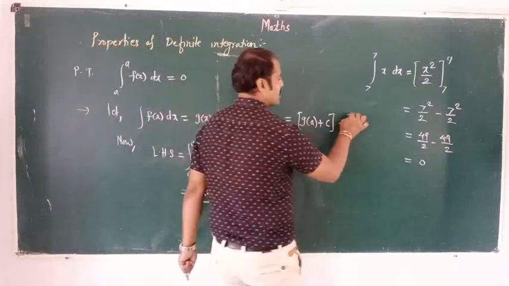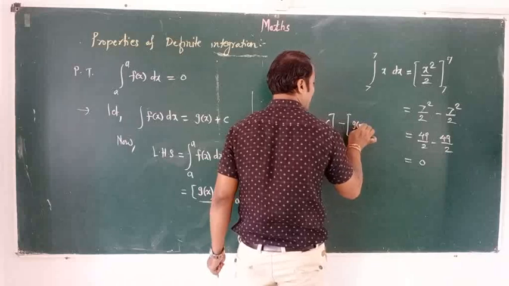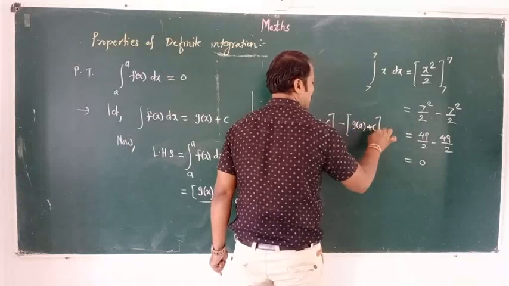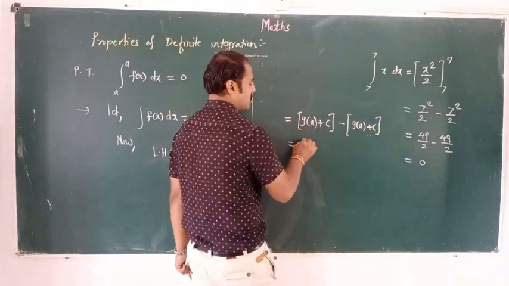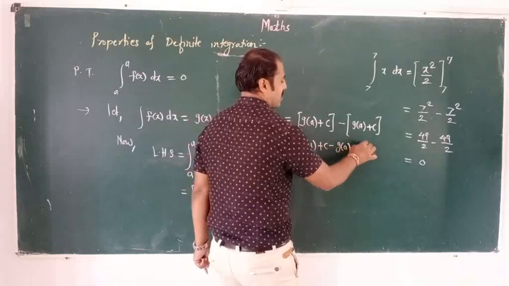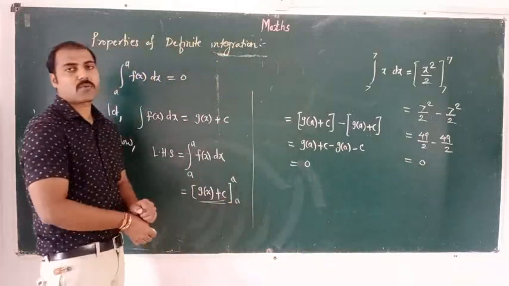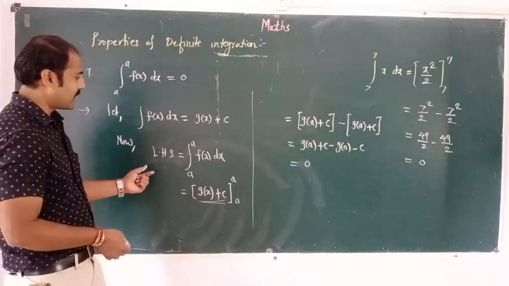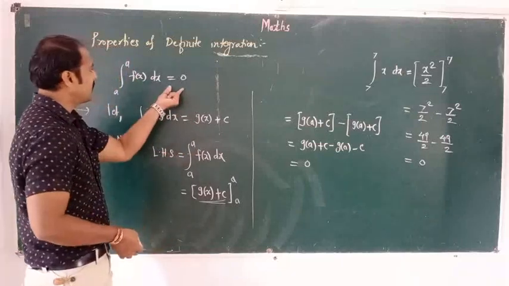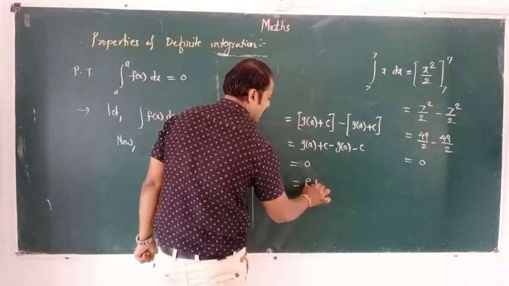So g of x plus c. Replace x by a: g of a plus c is equal to g of a plus c minus g of a plus c. Minus c plus c get cancelled, plus g of a minus g of a get cancelled, which is nothing but RHS.